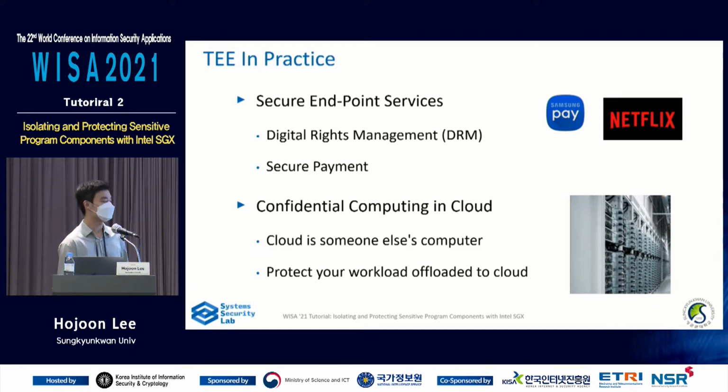So we are already using trusted execution every day. It might not be every day, but you're using it quite often, I'm sure. ARM TrustZone technology is already inside your Android-based mobile phones, and services like Samsung Pay or Netflix are already using the TrustZone technology to secure their programs. In the case of Netflix, they use TZ to implement DRM.